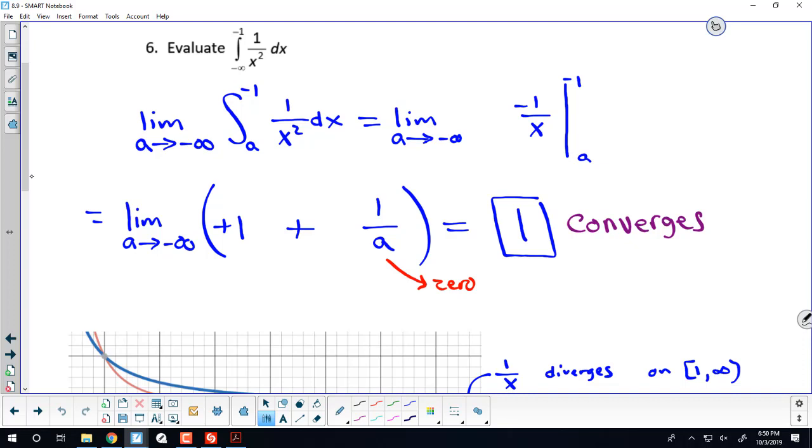Outside of finding volumes, areas, and stuff like that from integrals, the bulk of this class is how we can represent a function as a polynomial, for instance. Many functions like sine and cosine, natural log, and e to the x have a polynomial representation.